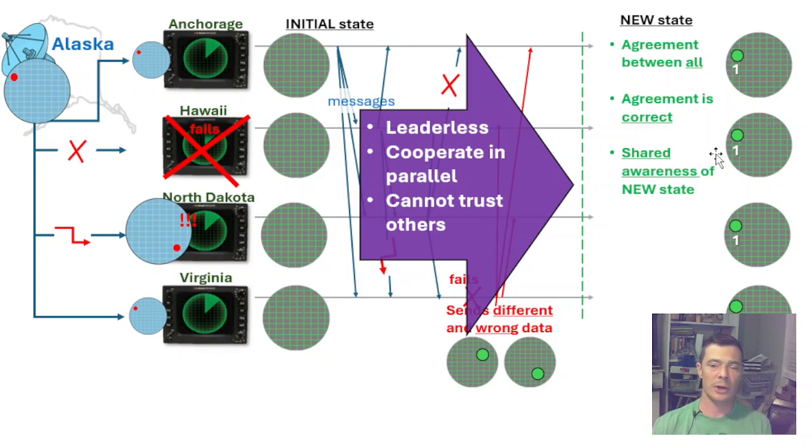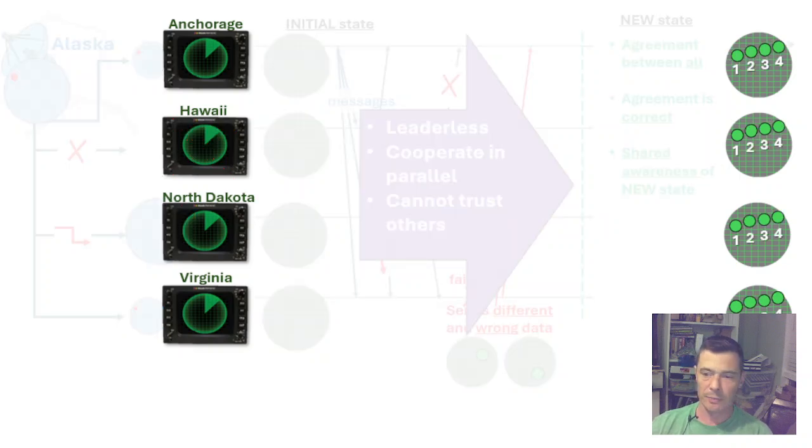When we reach the point of shared awareness and correct agreement, that's one data point, and that means, okay, we're good on this data point. Now we can go and collect the next one. And the idea of distributed consensus is that we come to a stop in the process. We're in agreement, we're correct, we have shared awareness. Now we restart the process again, and over time we're all going to stay in sync.